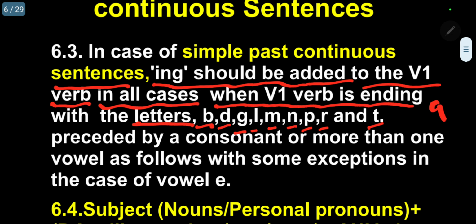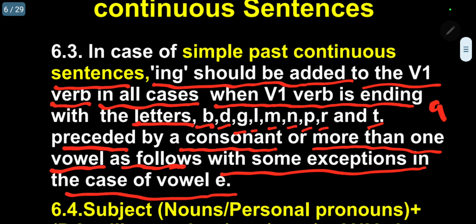So, if these letters are coming as the ending letter of a V1 verb, preceded by a consonant or more than one vowel, kindly follow as follows. I am going to give examples with some exceptions in the case of vowel E, because a number of examples normally end with E, and the previous consonant will normally be R. This rule is not obeying, that's why I am giving the exceptional case.